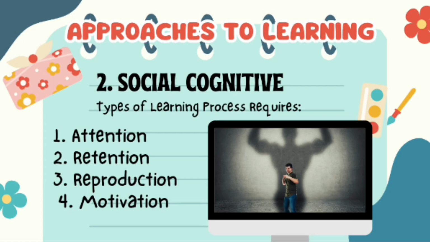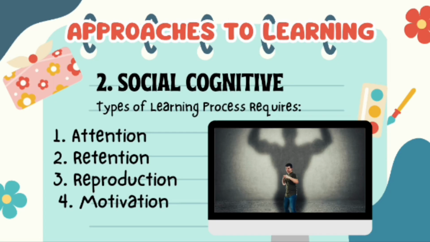So for example, a child learns how to solve a math problem by watching the teacher demonstrate it. This shows the attention. And then he remembers the steps. So this shows retention. And then he tried to solve it himself. This shows reproduction and is motivated by getting it correct. So this shows motivation. Understood?